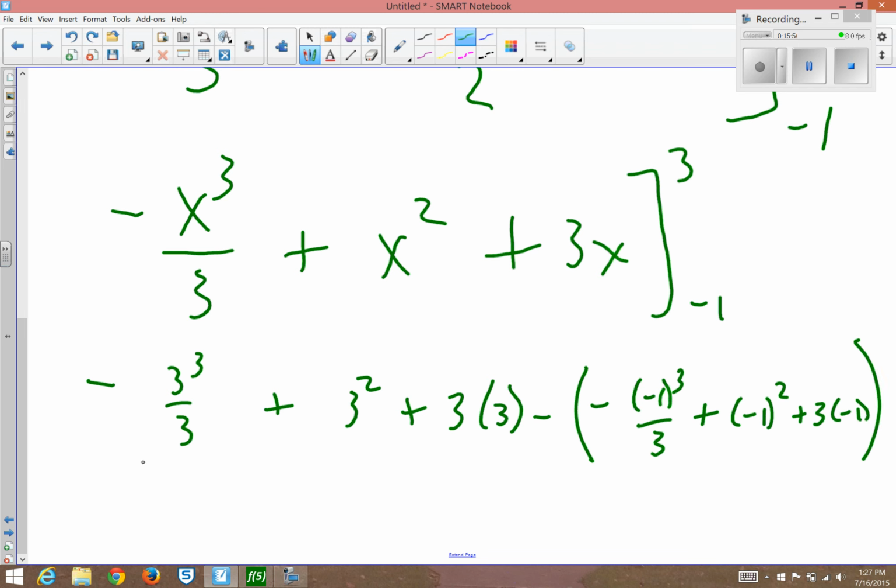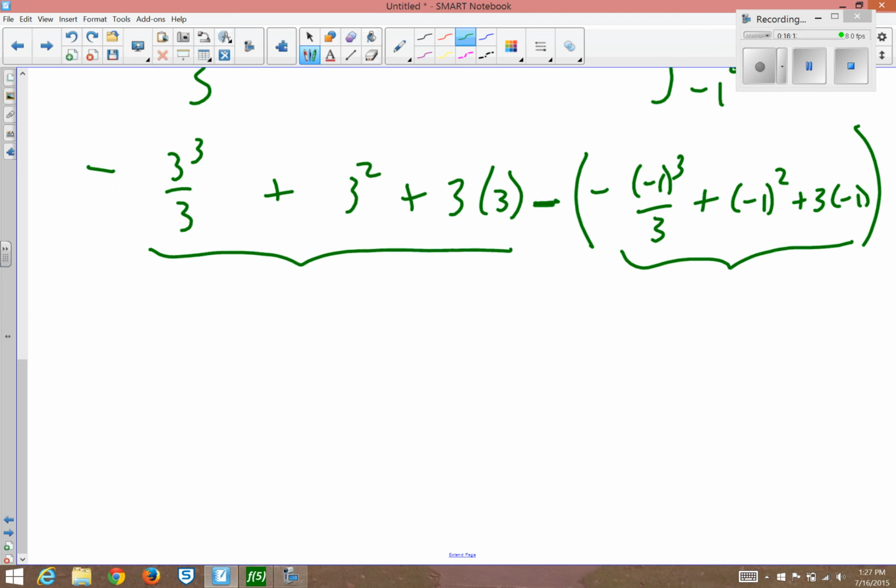So right here, all the x's are replaced with this number. And after the subtraction, all the x's are replaced with this number, the negative 1. Now it's just arithmetic. That's negative 27 divided by 3, which is 9.